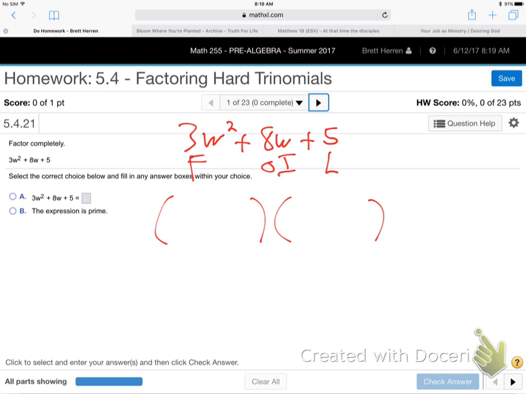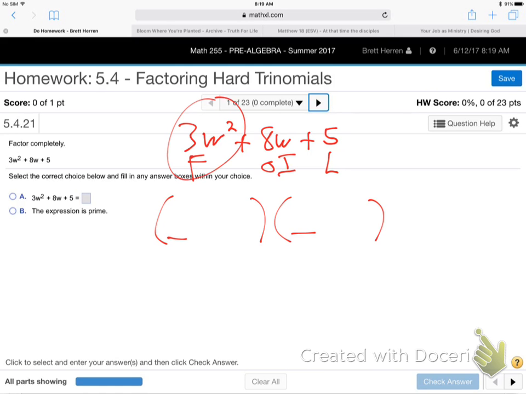All right, take it from there. So, front times front to make front.